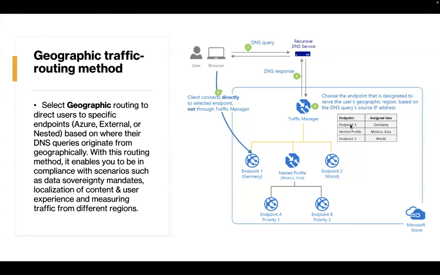So only the requests from users in Germany will be pointed to endpoint one. For the rest, the request will be sent to the nested profile or endpoint two. Got it.